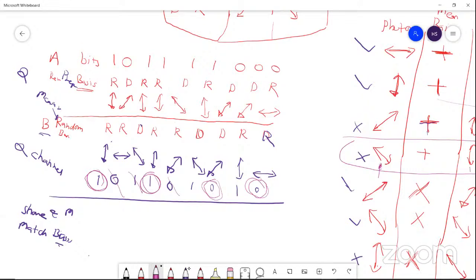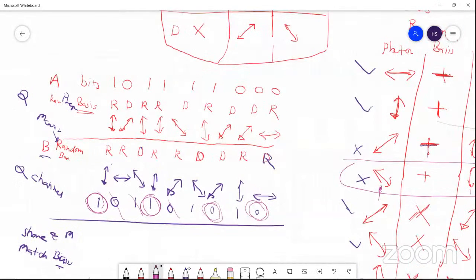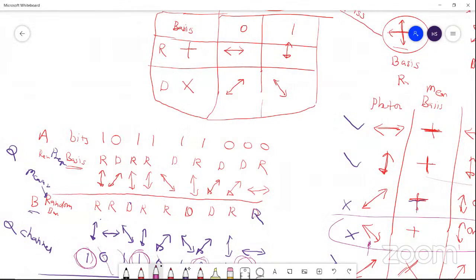So has everybody understood the protocol, or shall I revisit or recap? We have two bases, and in these two bases we can prepare the photon in this kind of polarization, representing 0 as vertical, horizontal, and plus 45 as 0 information, and 1 for this we can prepare.